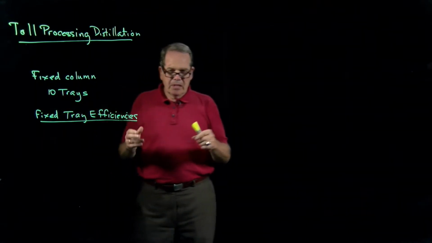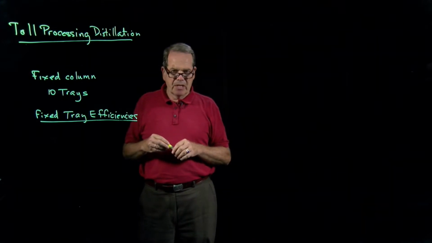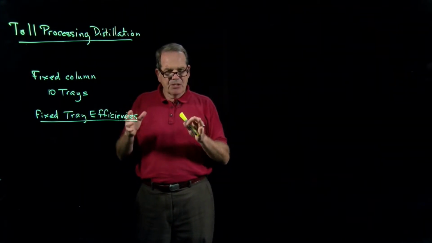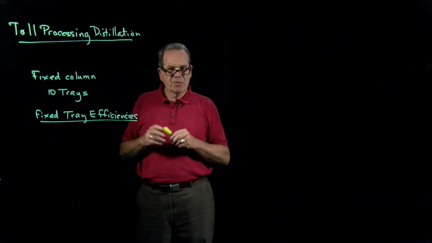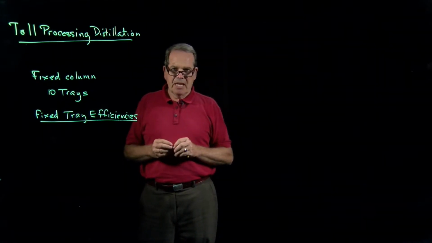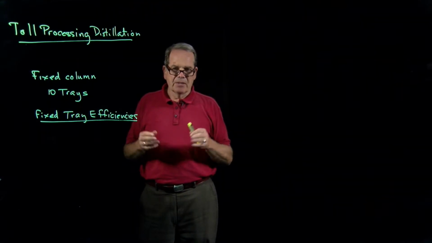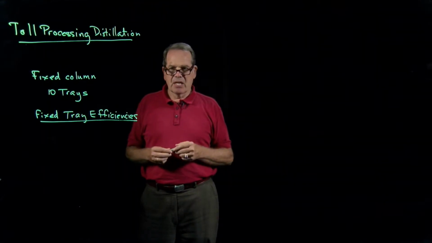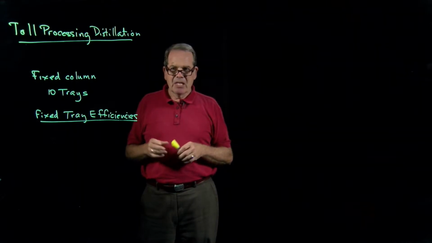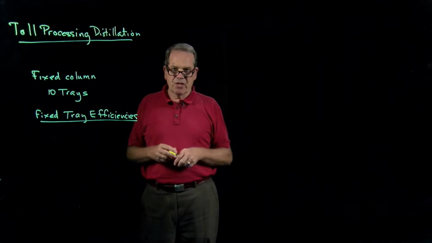Now, if you look in Perry's handbook in the section on, not on distillation, but on liquid gas process systems, it does have some very practical information and some heuristics on how to do distillation. One of the things that comes out of that discussion is that different solvents, solvent mixtures, have much different tray efficiencies.